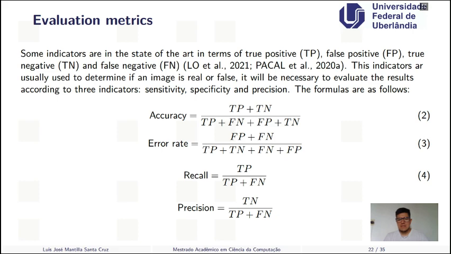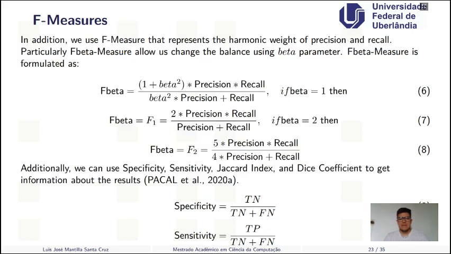However, this is not the end because we have more interesting measures, such as the F measure. The F measure uses the previous equations to calculate a more accurate measure for our results. Basically, the F measure represents the harmonic mean of precision and recall. In addition, we can use specificity, sensitivity, Jaccard index, dice coefficient, and others to measure the results.